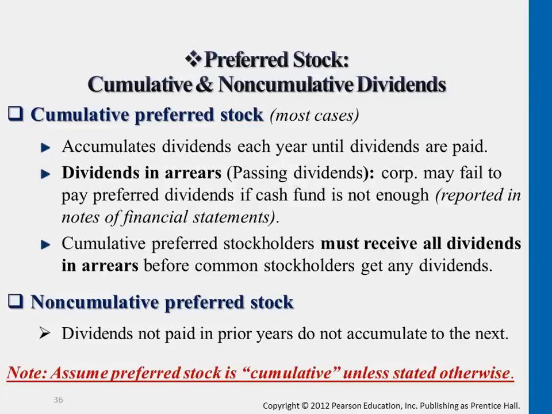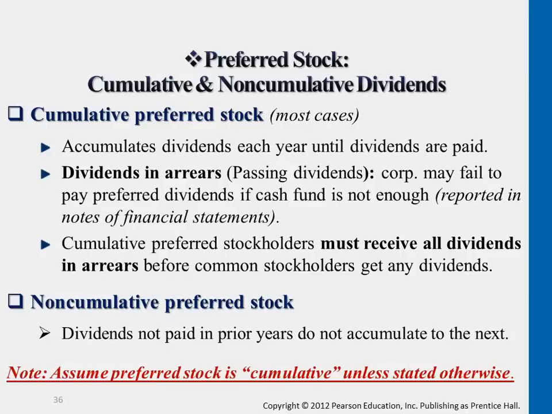And the missing part is what we call, sometimes in the problems you will see, dividends in arrears, or passing dividends. That basically means the difference that they didn't get. So that $1,000 will be the dividends in arrears. Next year, preferred shareholders will be getting $7,000 instead.